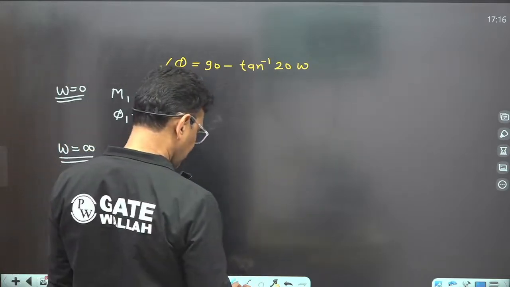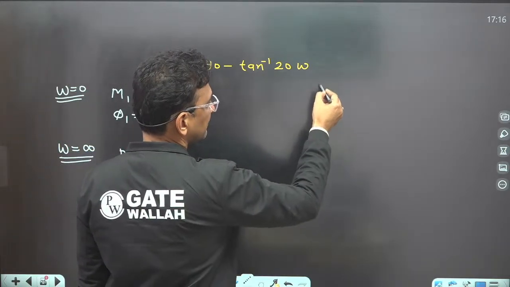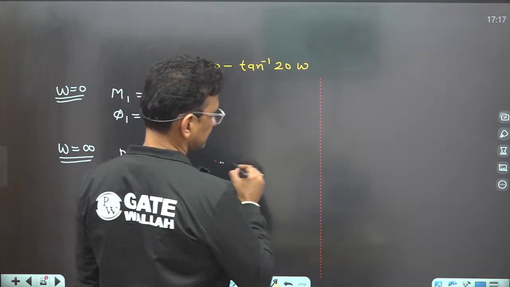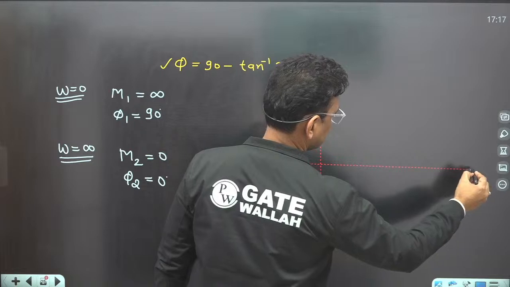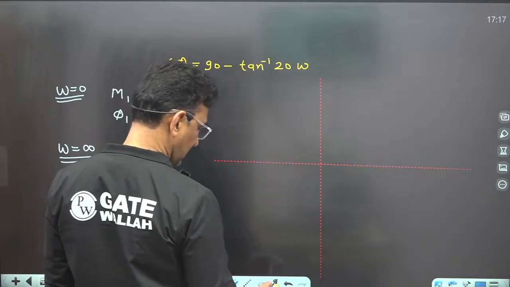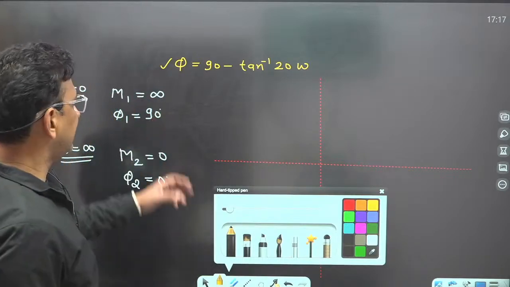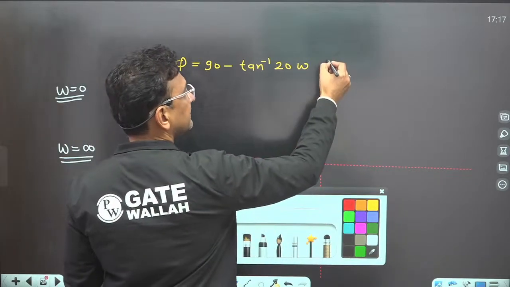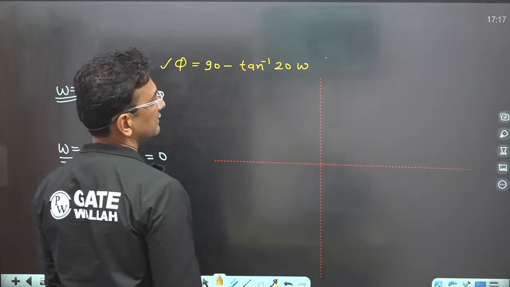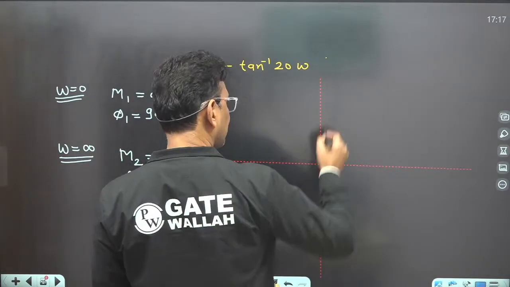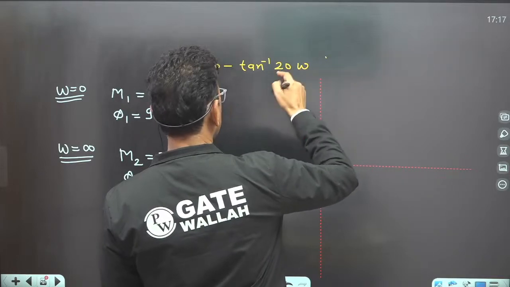So how to draw the polar plot? Infinite at the angle of 90 degree. See, basically you have to draw so many phasors, and then it becomes 0 degree.